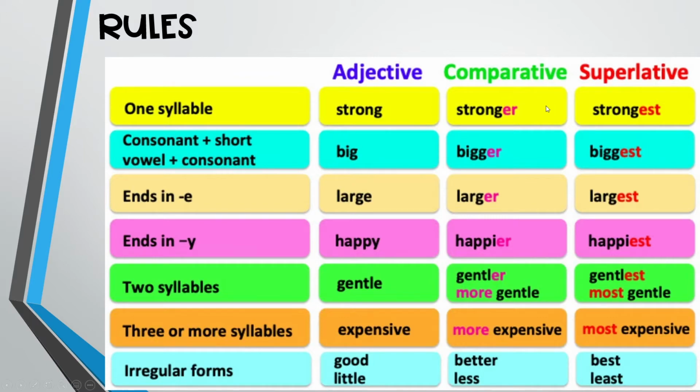Kalau ini kita tambah ER, EST, but for this one, you need to remember and memorize the superlative and the comparative adjective. Good, better, best. Little, less, least. Okay, so these are the spelling rules and how or where to add the ER, EST, or use more or most in the sentence or in the word.